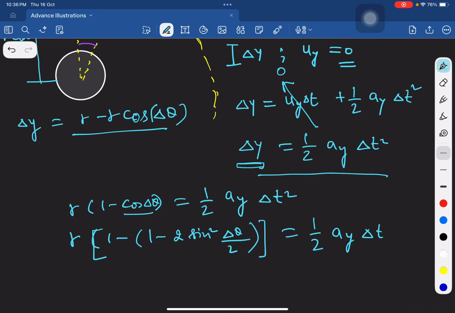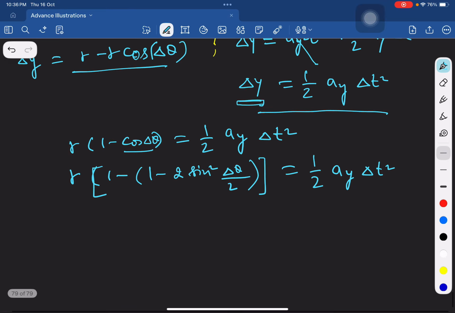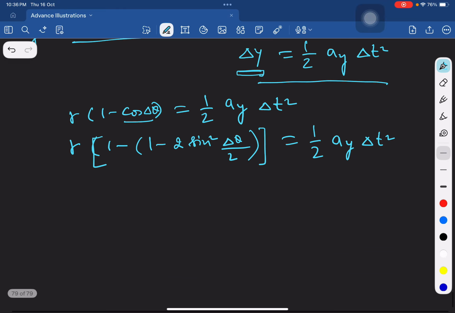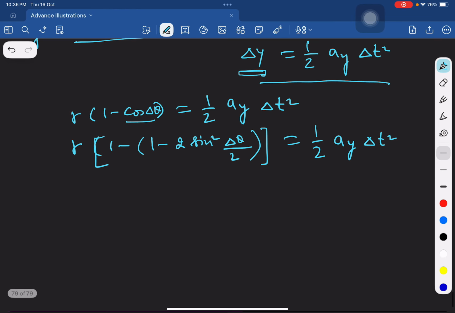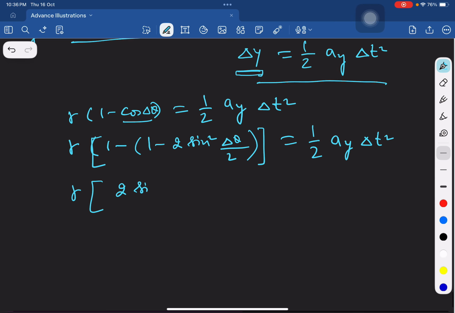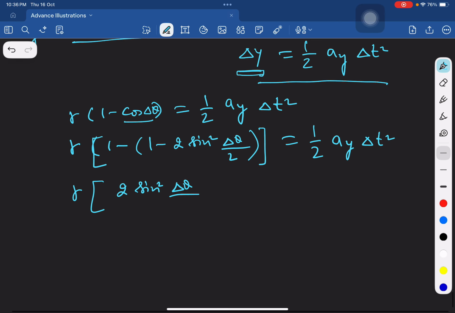So r into 2 sine square delta theta by 2 is equal to half ay delta t square.